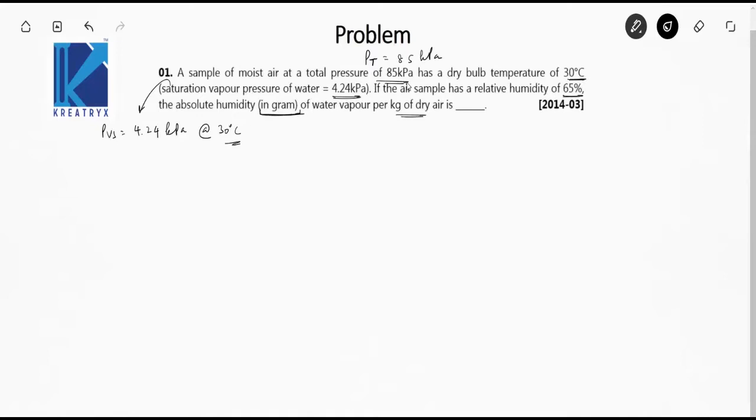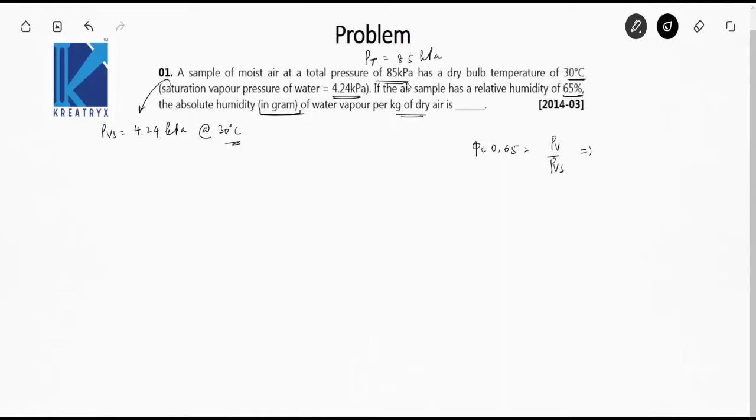kilogram of dry air. I have solved these types of questions in the previous video also. So phi is 0.65, which is equal to PV upon PVS. PV is the pressure exerted by water vapor and PVS is the saturation vapor pressure of water.